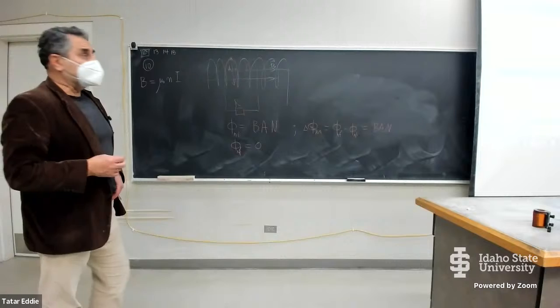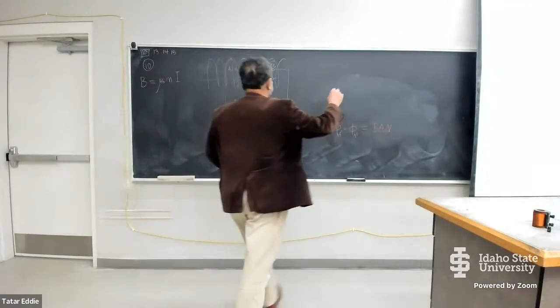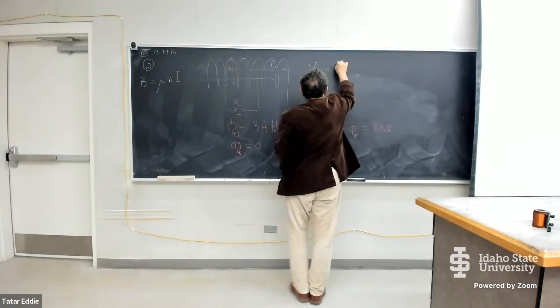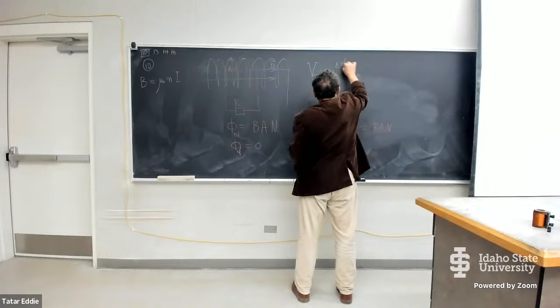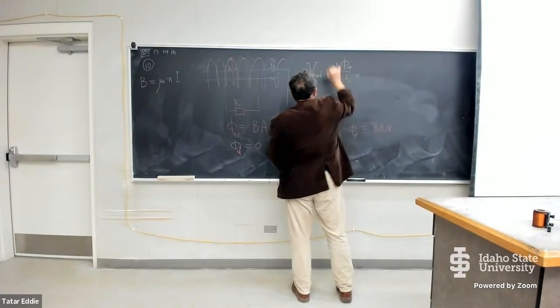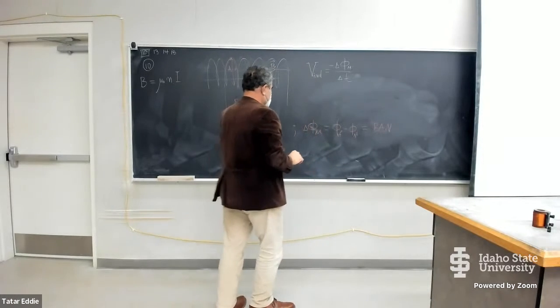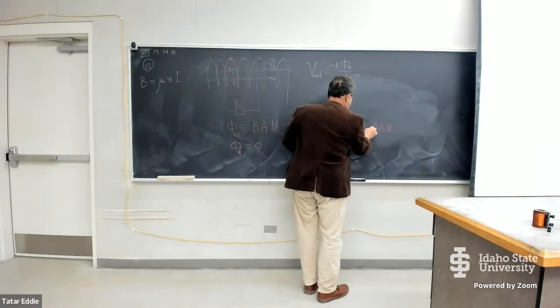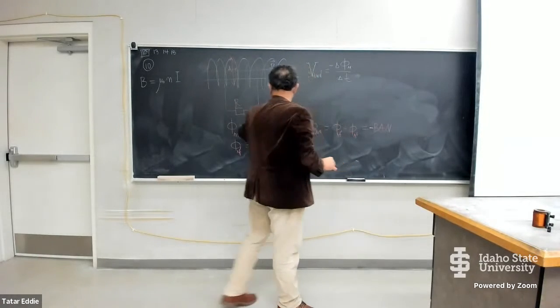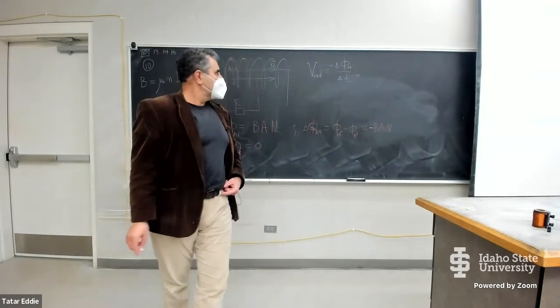And now you can say that the induced voltage in the small solenoid, according to Faraday's law, is the rate of change of magnetic flux in time. A negative sign is present there. So I have a negative sign here because the final is 0, the initial is this.